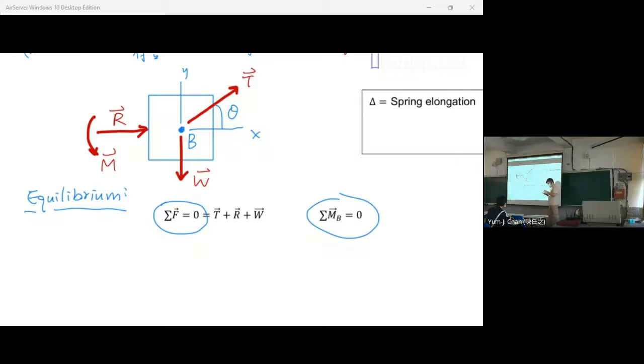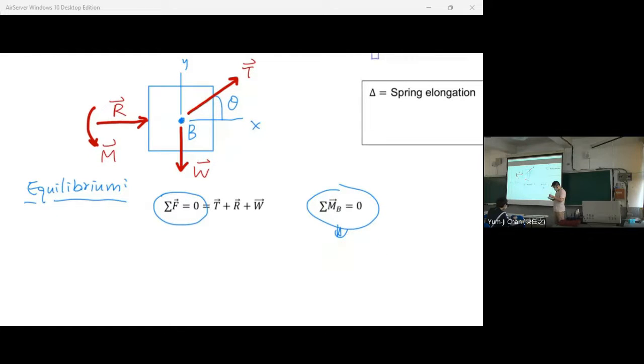So what do we have? M is equal to 0. You may ask, we know M is equal to 0 sometimes, so can we simply skip this part and not write this?